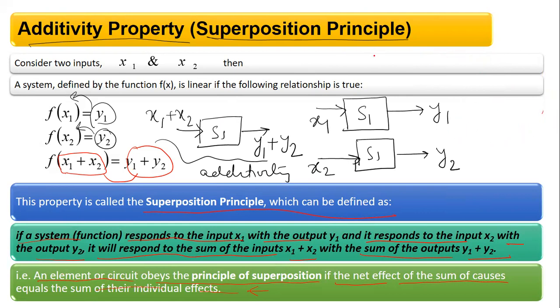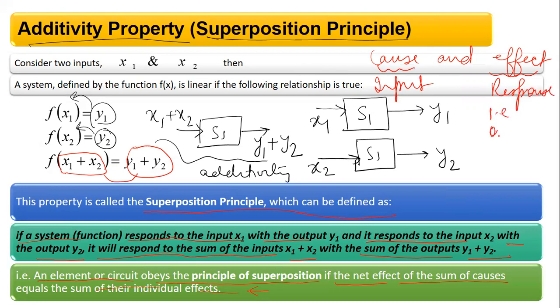Cause and effect relationship. Cause is input and this is the response. That is output, right?